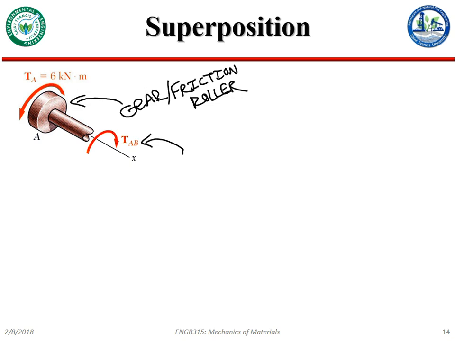Okay, yeah. In order to satisfy Newton's third law, assuming that this shaft is not accelerating in any way, shape, or form, TAB must be the same as TA. And most of our analysis is for steady state systems, because that's normally where things operate.